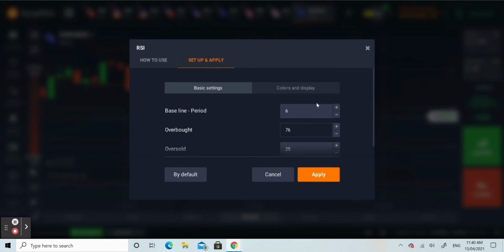Now the color and display: you can do the same thing. The baseline you can leave as blue, and you can thicken the line as well. The overbought line is red, so when the market crosses that line, you get ready to sell. Similarly, it's green for the oversold. You can change it to any color you like, but these are the colors that I use.